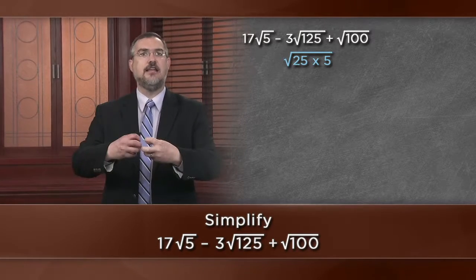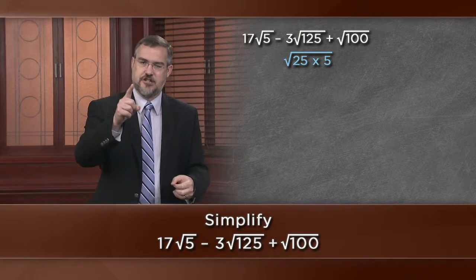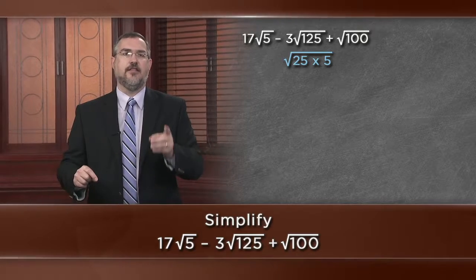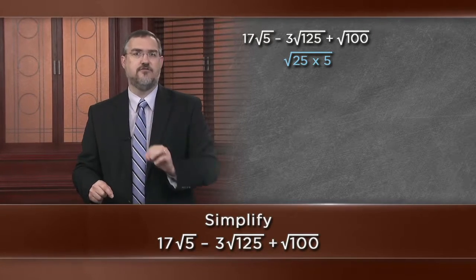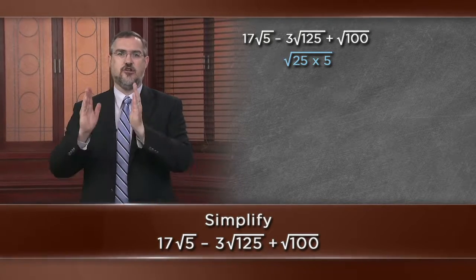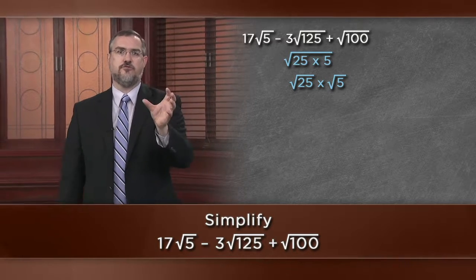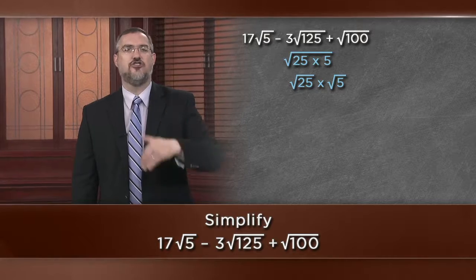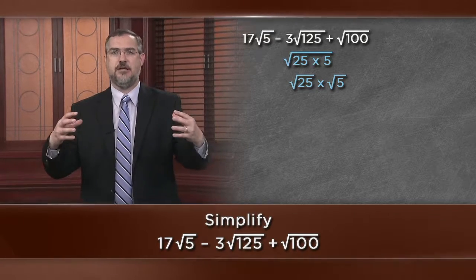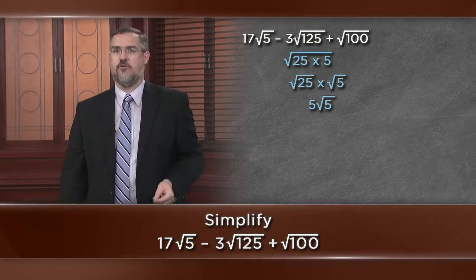And now I can split that square root because it's got a multiplication underneath it. And that square root of 25 times 5 can be rewritten as square root of 25 times the square root of 5. And of course, the square root of 25 out in front there is just a 5. So all of that is equal to 5 times the square root of 5.